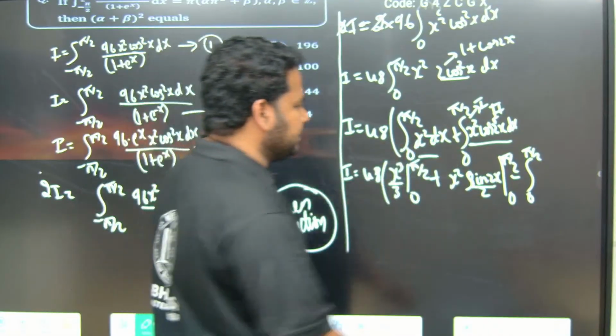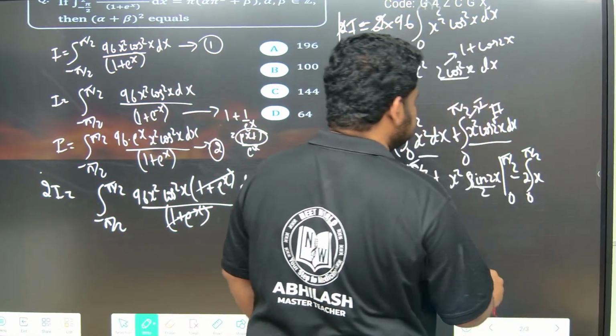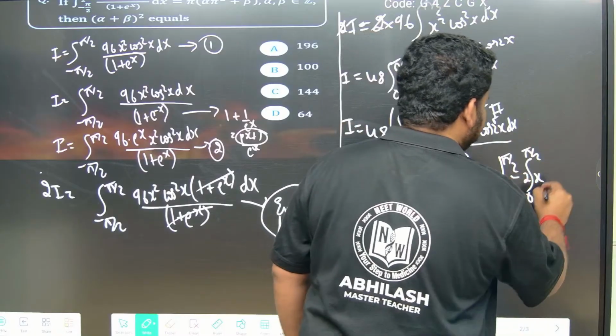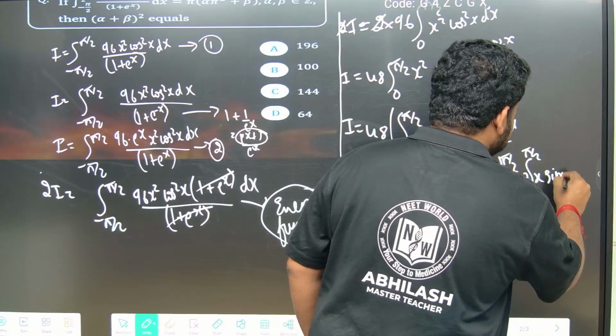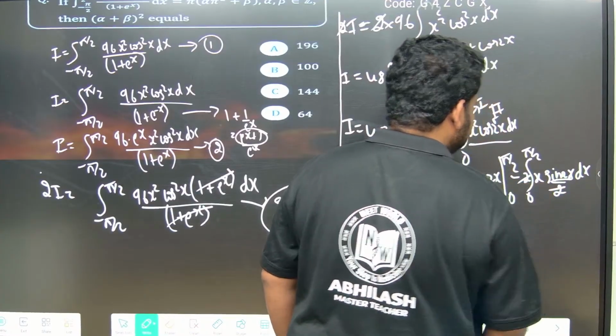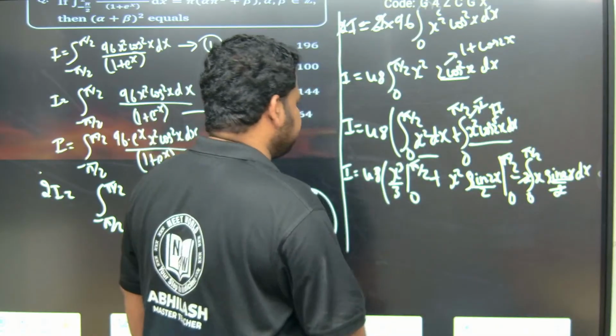Derivative of x square is 2x, so I will write 2x here, 2 times x into integral of cos 2x, which is sin 2x by 2, dx. 2 cancels. Now further this I have to integrate again by parts.